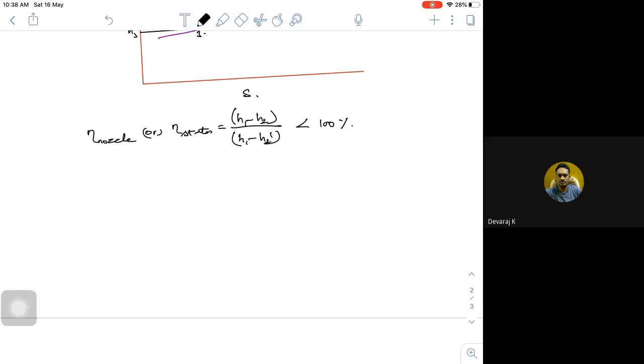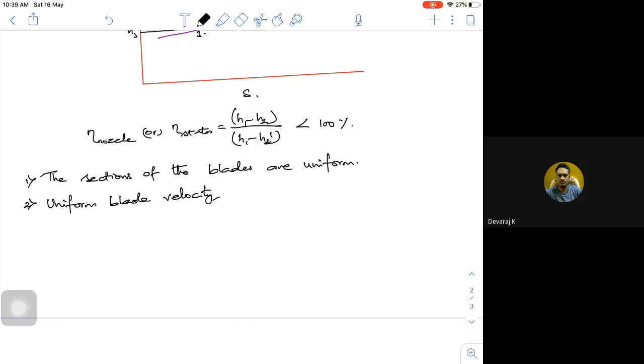Each row, the sections of the blades, are uniform throughout. Because of this, we will have uniform blade velocity.